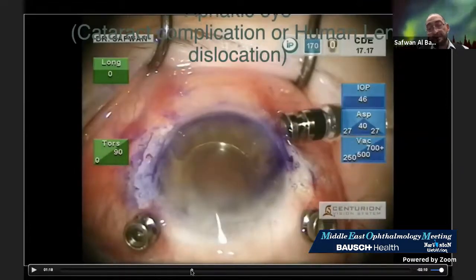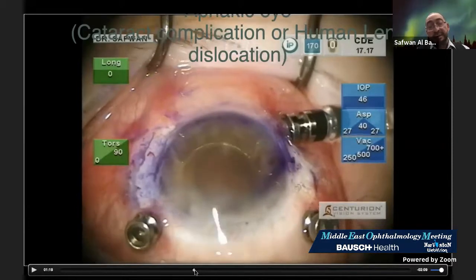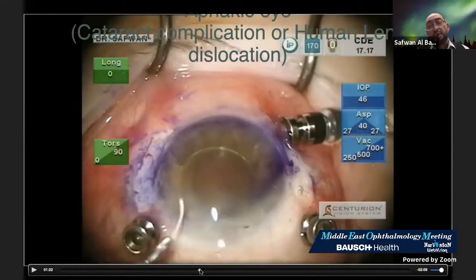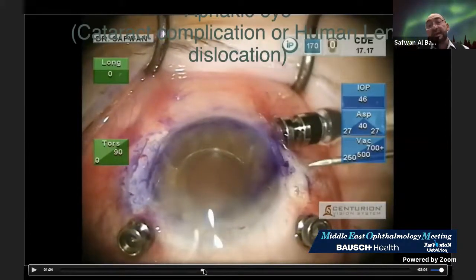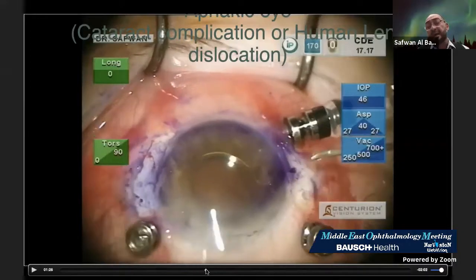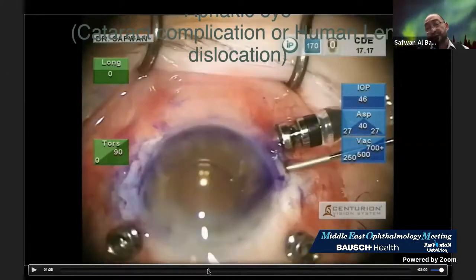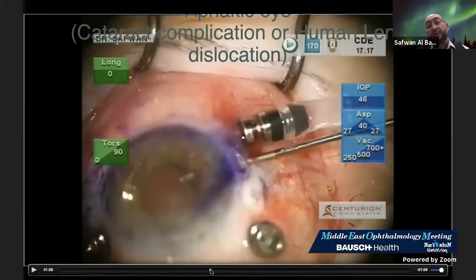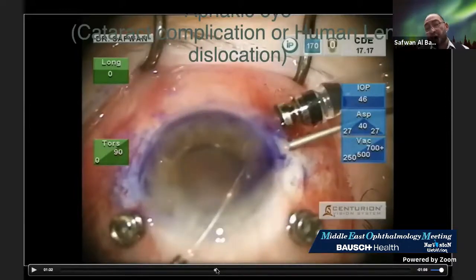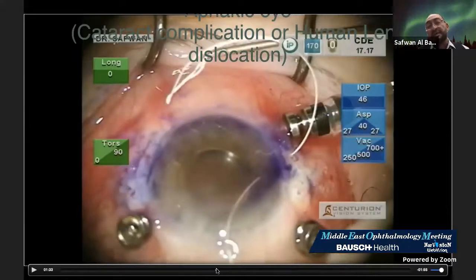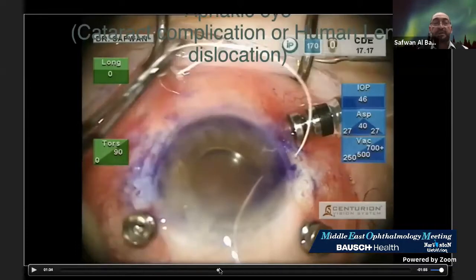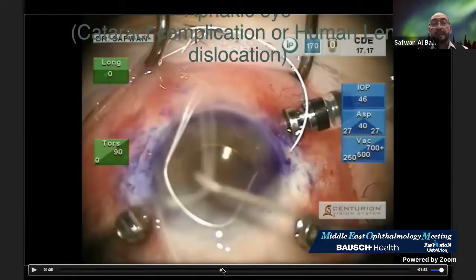Now, the important step here is preparing the suture. You can see my left hand and right hand working. Left hand holding the suture from one side, and the right hand holding the tying forceps from the other side, from the sclerotomy side, going through the eyelets of the lens, grasping the suture out, externalizing the suture, and then the left hand goes back to hold the other end.